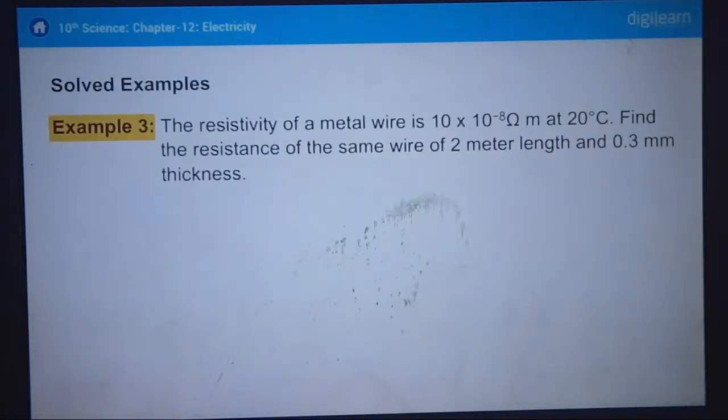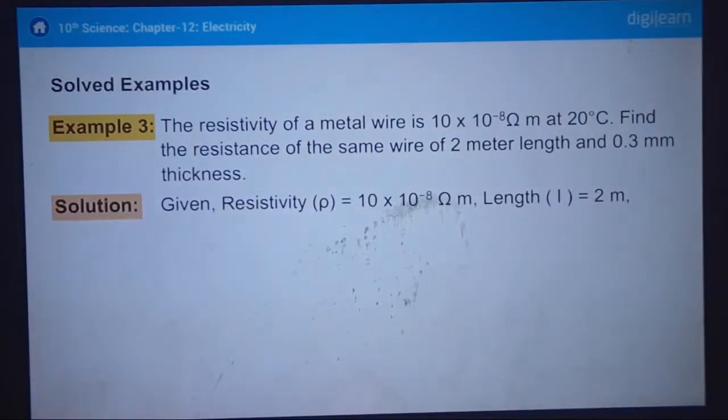Example 3. The resistivity of a metal wire is 10 into 10 raised to minus 8 ohm meter at 20 degrees Celsius. Find the resistance of the same wire of 2 meter length and 0.3 millimeter thickness. Solution: given resistivity rho equal to 10 into 10 raised to minus 8 ohm meter, length L equal to 2 meter, diameter equal to 0.3 millimeter.